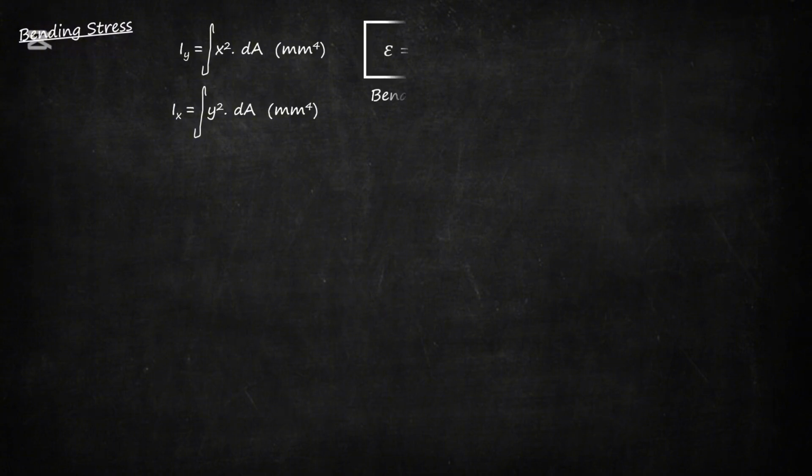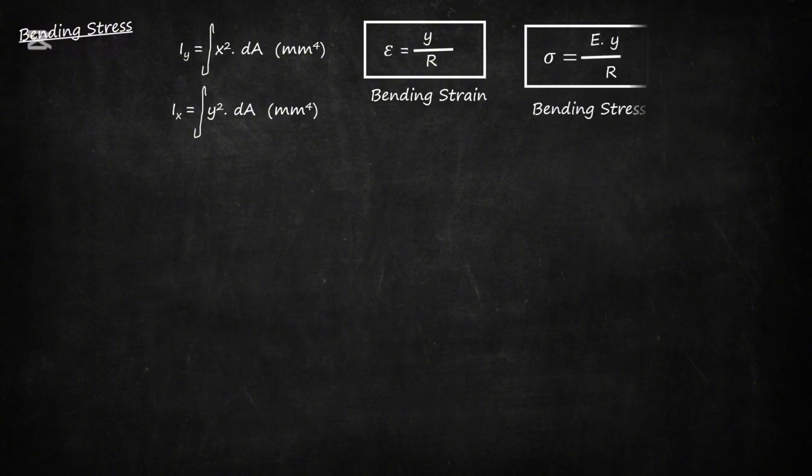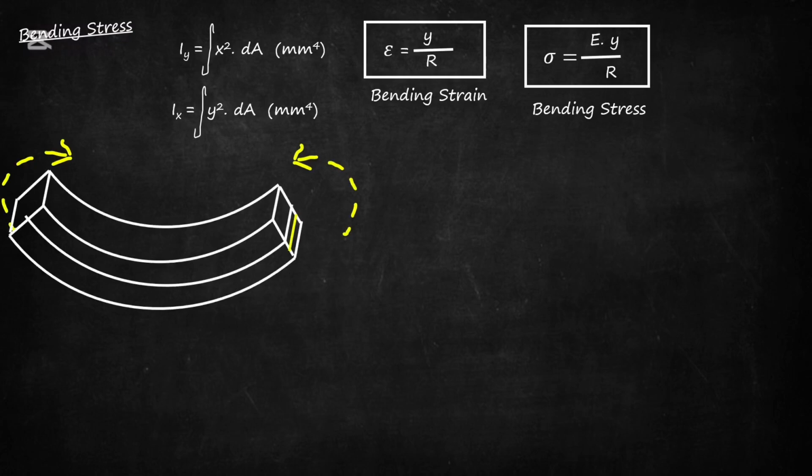Now let's see the formulas that we have derived before, starting with moment of inertia, and then comes the bending strain. Let's check out the moment capacity, how it can be derived from the formulas that we have seen before. That is bending stress, which is equal to E y by R. For that, let's consider a simply supported beam under gravity load. We know that the section above the neutral axis goes in compression, and below the neutral axis goes in tension. Let's consider a small strip at a distance y from the neutral axis. We know that force equals stress into area, which is sigma into dA.